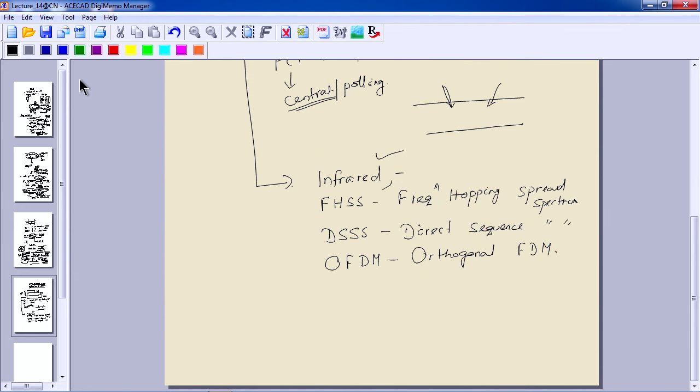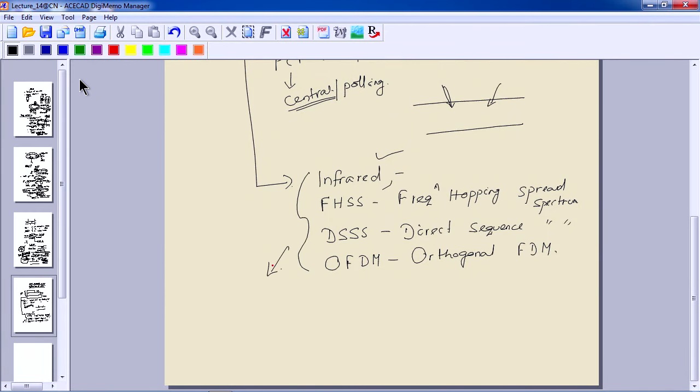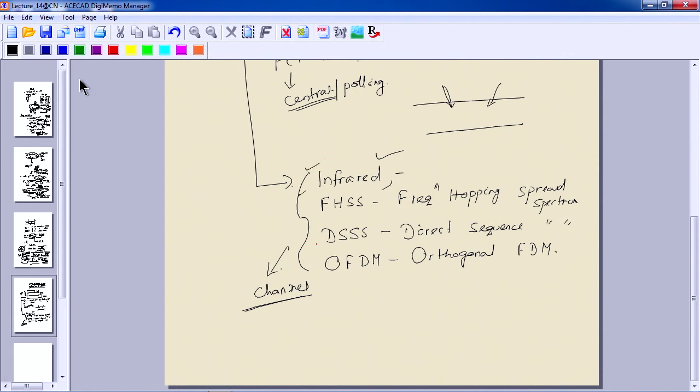Currently OFDM is a very popular communication strategy. All these are related to the PHY layer and how the channel is actually used by the upper layers. It handles the kinds of signals, how they are communicated by the upper layer frames, and that is handled by infrared and all this.